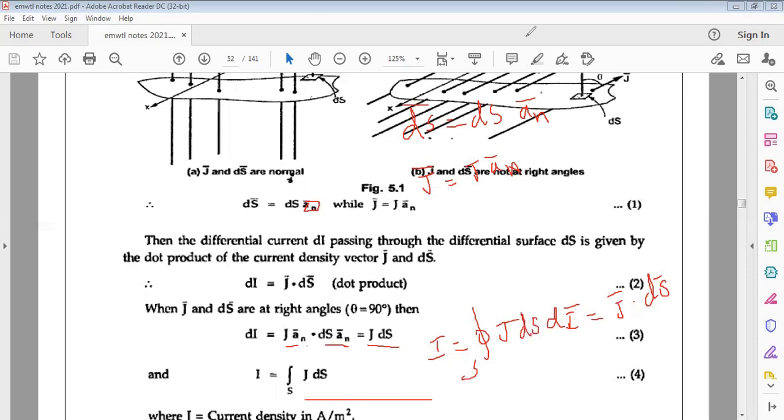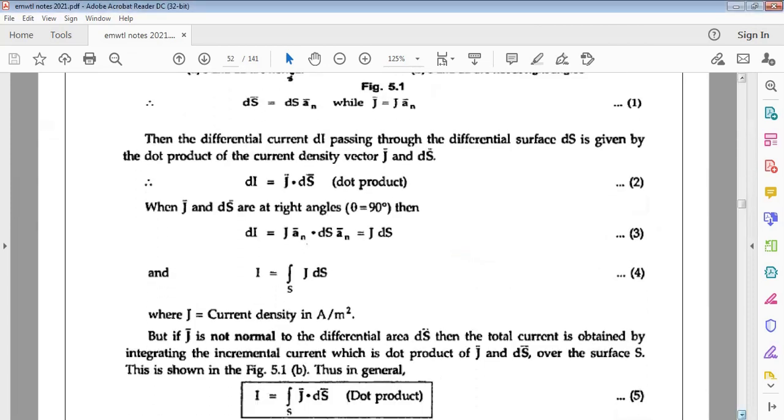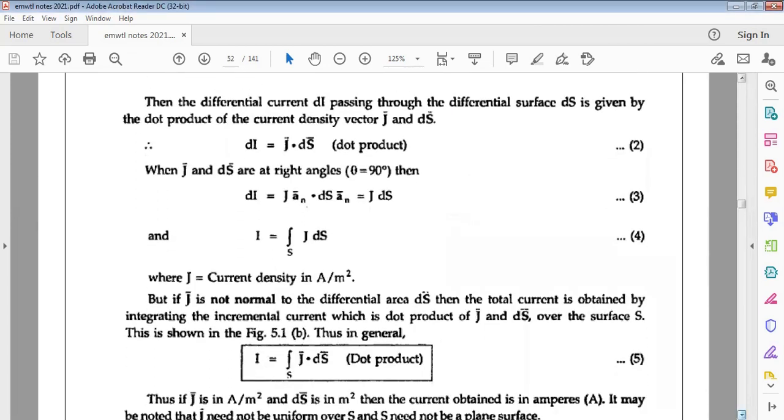Got it, students? Where J is the current density in ampere per meter square. But if J bar is not normal to the differential surface area ds, then the total current is obtained by integrating the incremental current, which is the dot product of J bar and ds bar, over the surface.